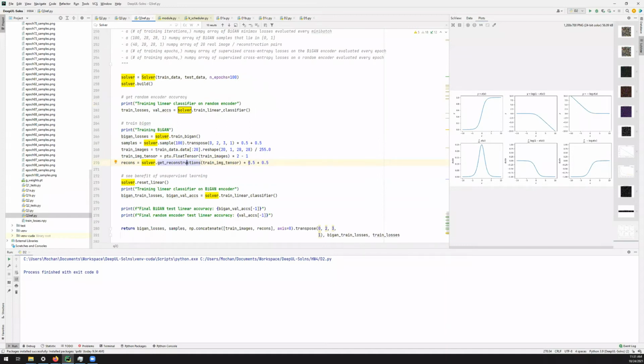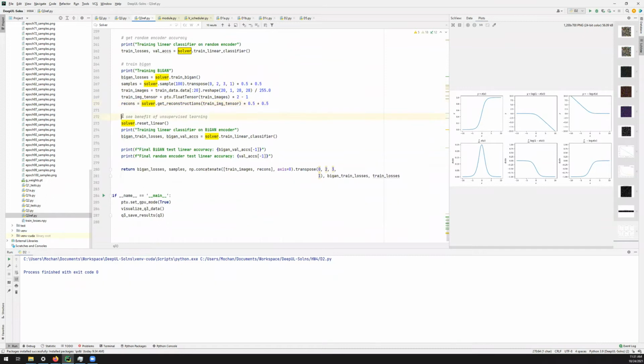Yeah, and all this scaling is kind of iffy, but I think it's just scaling it from 0, 1 to negative half to half or something like that. Okay.